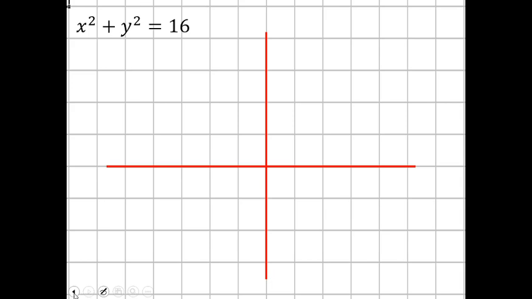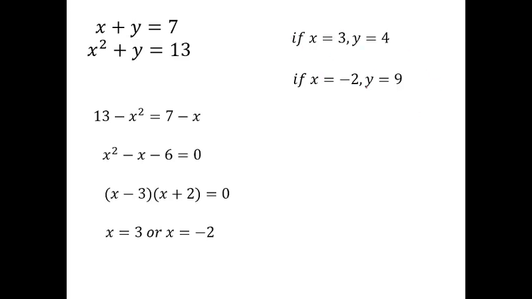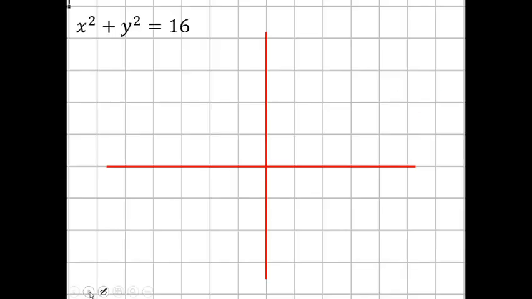Okay, so then when x is 3, y must be 4, and when x is minus 2, y must be 9. I can check here. 3 squared plus 4 is 13, minus 2 squared is 4, plus 9 is 13. Okay, and so that gives me the values. Okay, and again, it's good practice to write them out like that.